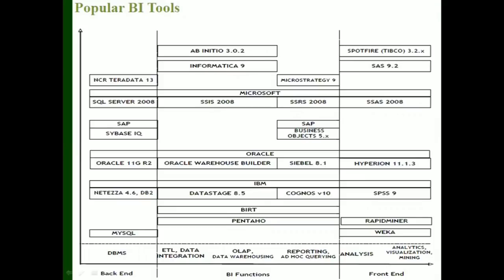So generally you hear names like MySQL, SQL Server, SAP, Sybase, and Oracle 11g. So these are the popular tools used for the BI framework. In this section you can find the front end tools for analysis, analytical visualization, and mining. In this you can find the BI function tools for ETL, data integration, OLAP, data warehousing, reporting, and ad hoc querying. And in this section, you can find the backend tools for DBMS. Thank you.